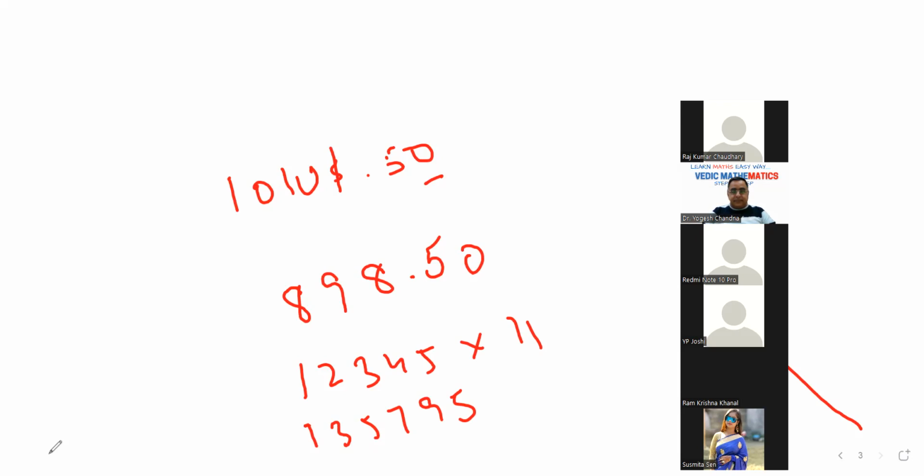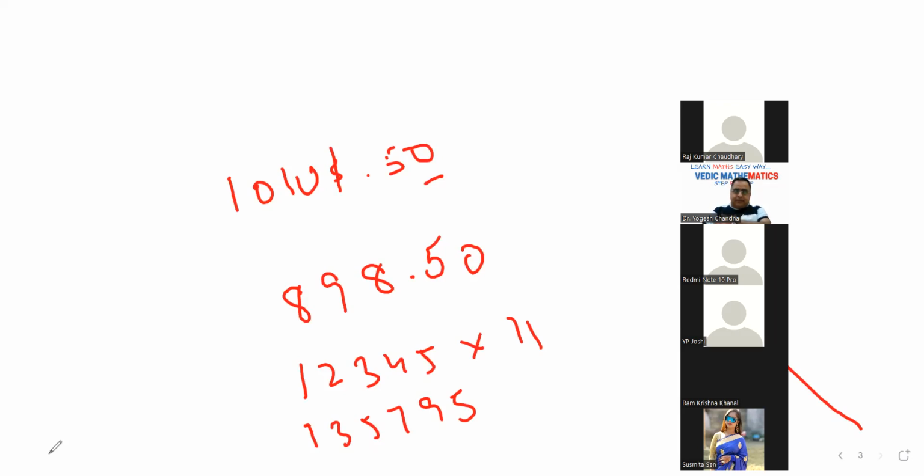Okay, I have one question. Maybe it's my students' or my parents' question, not mine. They ask me why these tricks are called Vedic mathematics.